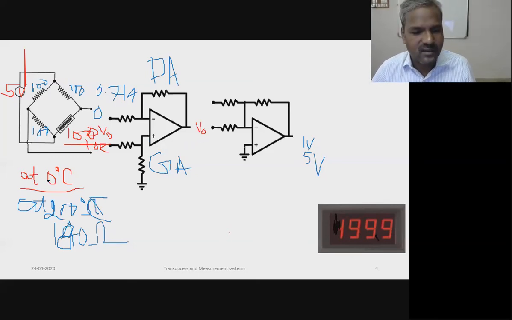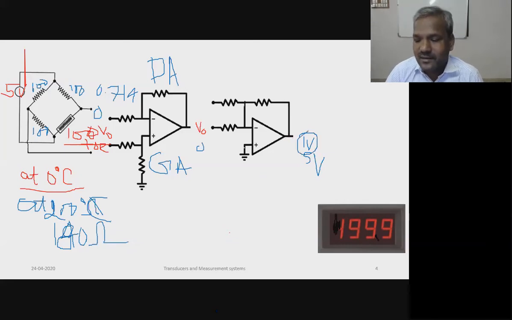When 0 degrees Celsius, input to the differential amplifier, output is 0 volt. So whatever may be the gain here, the output is also 0. Understand or not? Then how do you get 1 volt output here for 0 degrees Celsius?